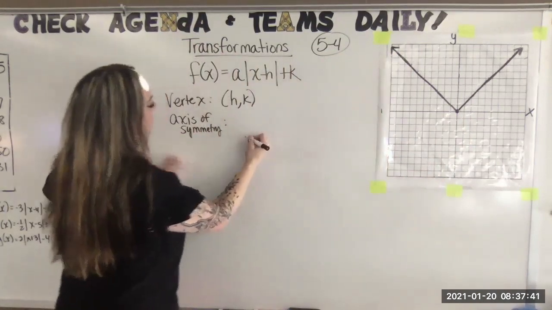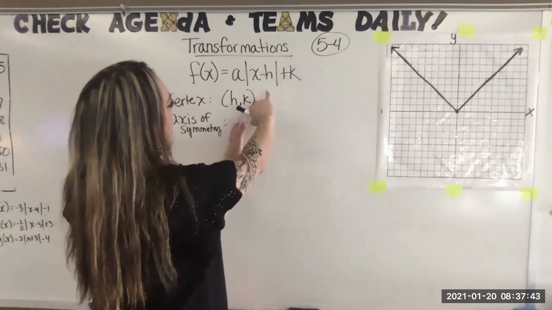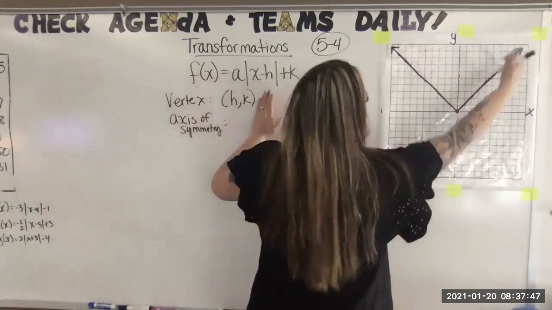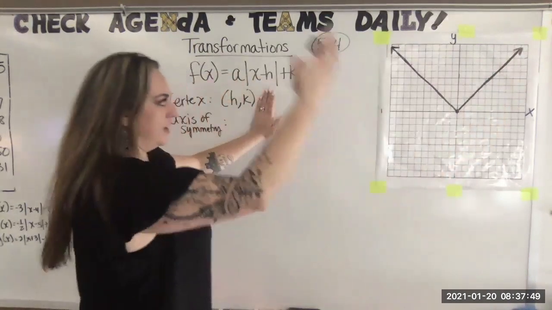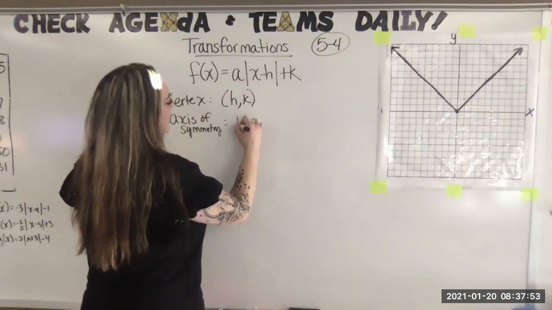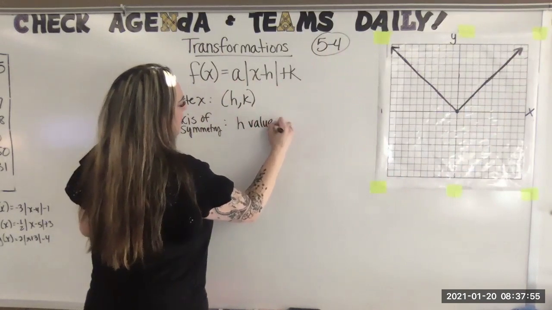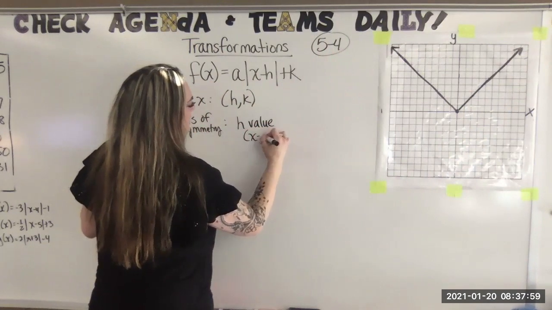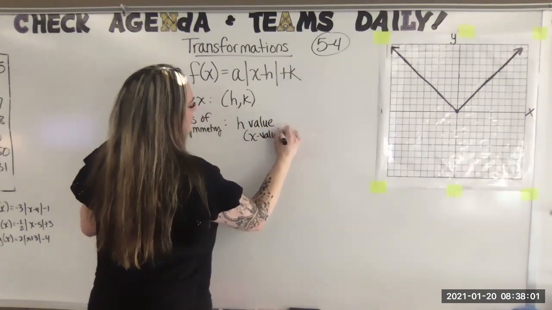So the axis of symmetry, we have learned in the previous lesson, is always going to be our h value in our absolute value vertical functions. So we're going to put that it is the h value, which is our x value in our vertex.